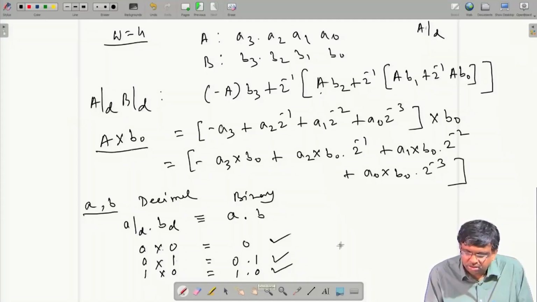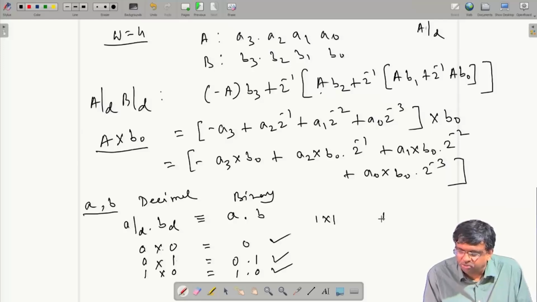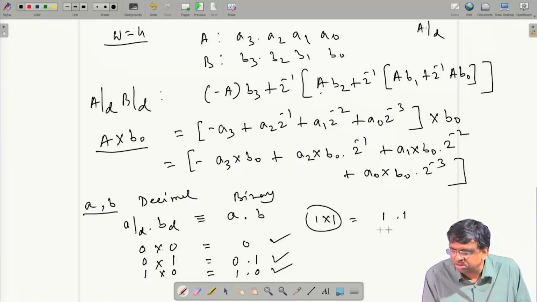And the last one, if both are 1, then 1 cross 1 on this side. In binary, both are binary 1, and 1 dot 1 is a binary 1, which has decimal value equal to decimal 1 only. So, this side decimal 1, and this side its decimal value is decimal 1.